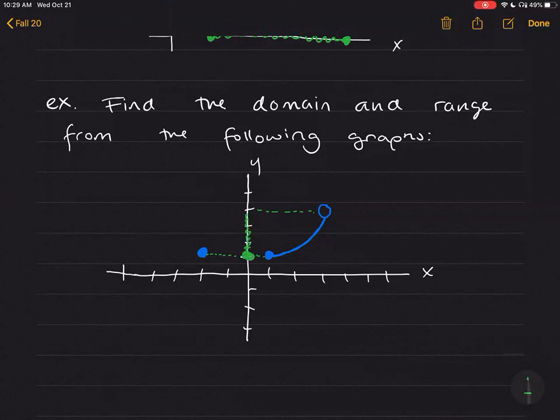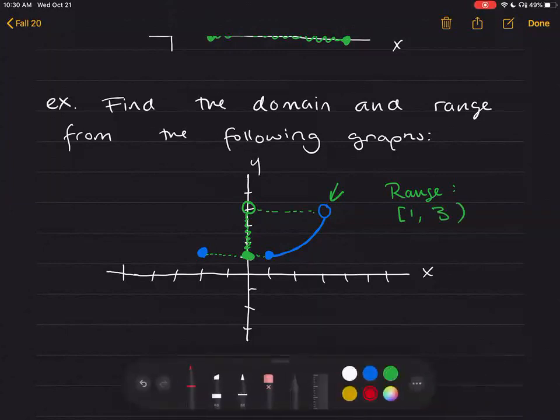And then because this point here isn't a part of the graph, it's a little hole, the range is going to have a hole here too. So our range is going to be from this point, which is 1 inclusive, to 1, 2, 3, parentheses. Cool.